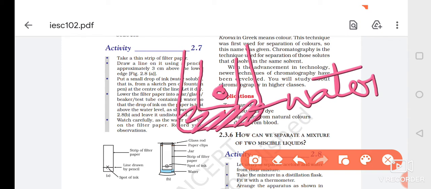After some time, the water will start moving up the filter paper, and we will see different patches of colors on it. These different patches mean my dye is being separated into different colors, and that my dye contains all these colors. That is how we use the chromatography technique to separate a mixture.